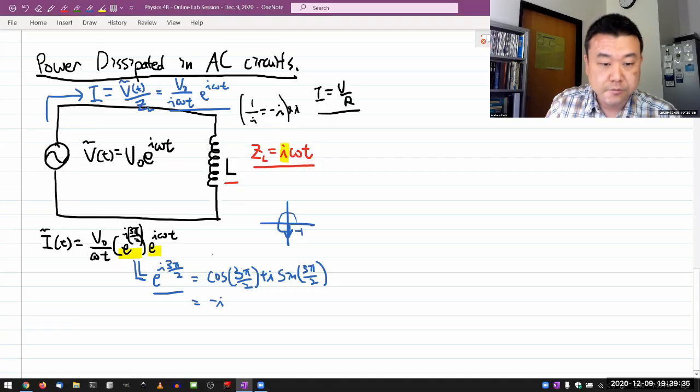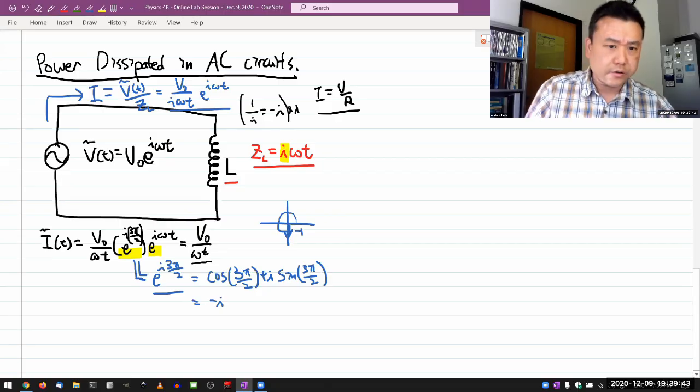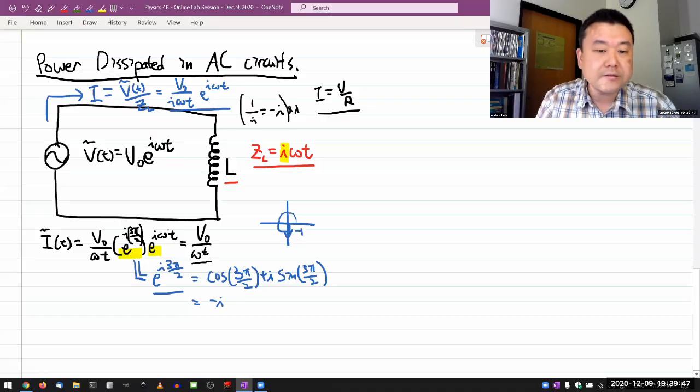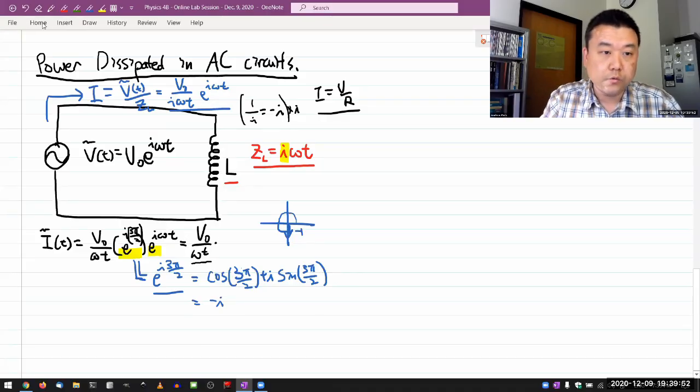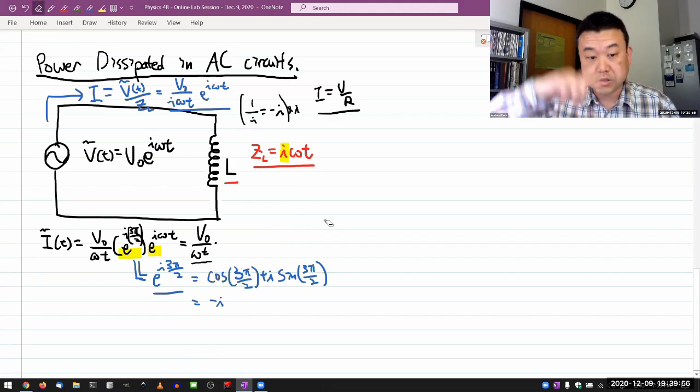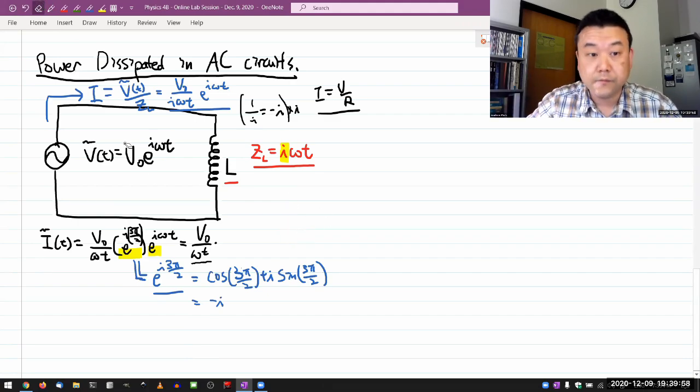So my final expression has this form: a real coefficient that you can get easily by going through the same thing your textbook does, voltage divided by magnitude of impedance, times this complex exponential, which contains both the information about the time-dependent oscillation and, for the first time today, a phase factor.